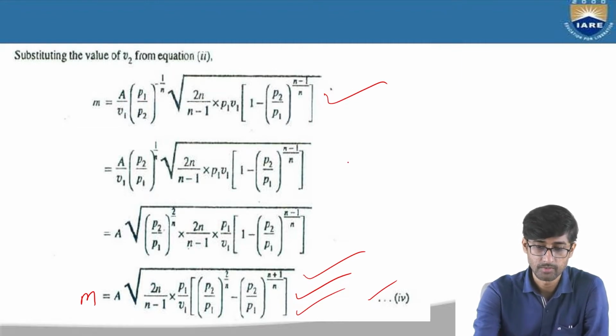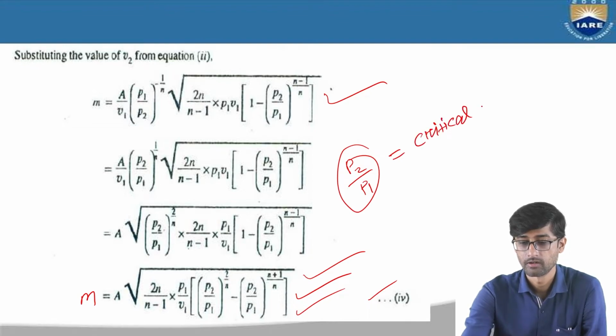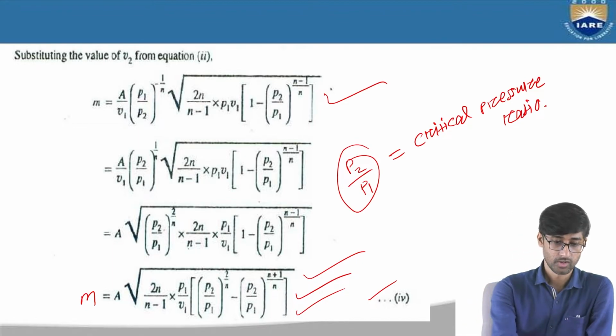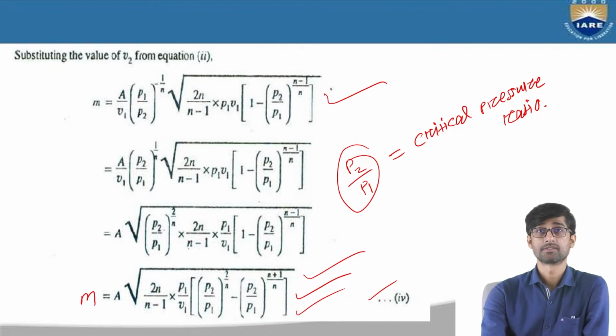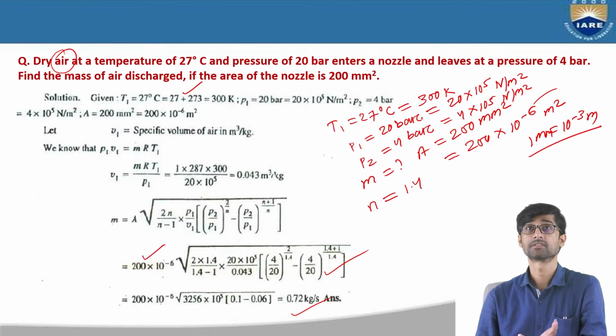This term will be called the critical pressure ratio. So, what is the condition of this maximum discharge? That will depend on this critical pressure ratio. How to calculate the condition for maximum discharge?